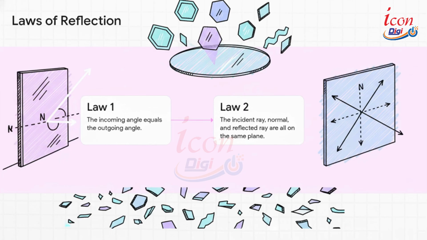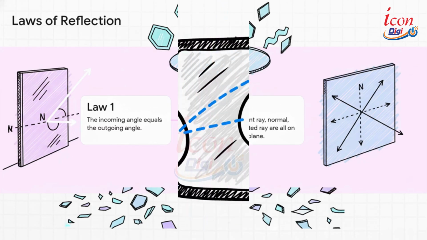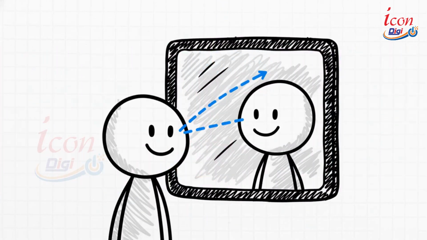Law number one, the angle the light comes in at is the exact same angle it bounces off at. Think of it like a pool ball hitting the side of the table. Law number two, the incoming ray, the bouncing ray, and an imaginary line called the normal, which is just a line sticking straight out from the surface, they all line up perfectly on the same flat surface. That's it. Those two rules run the entire show for reflection.